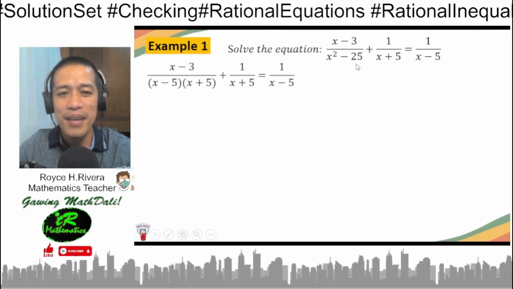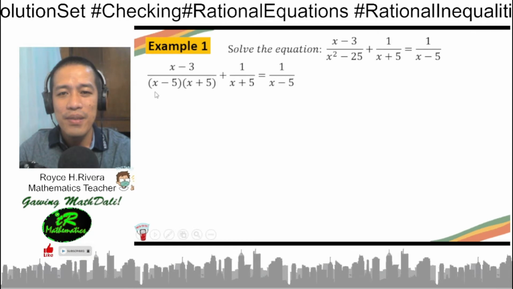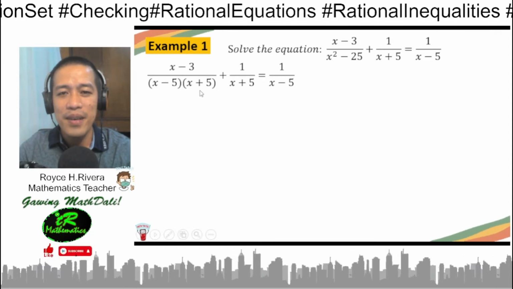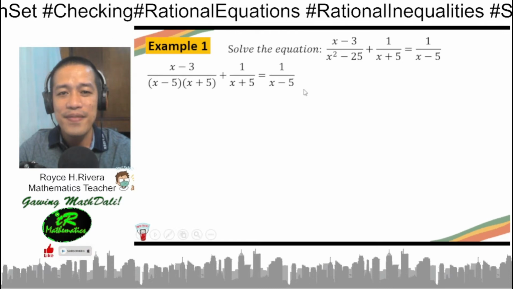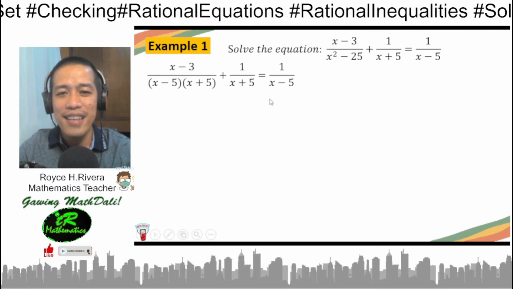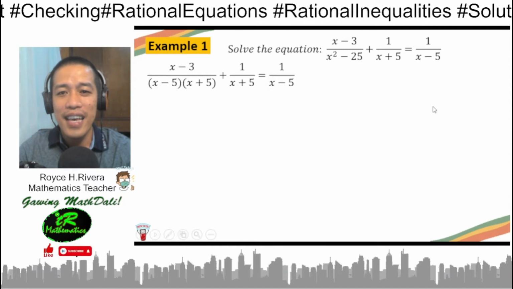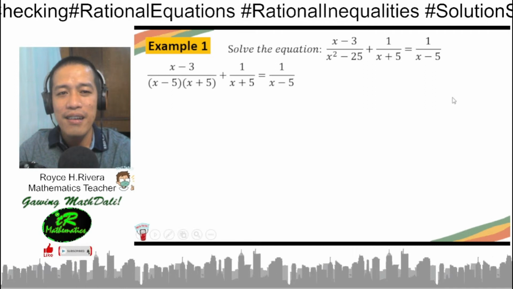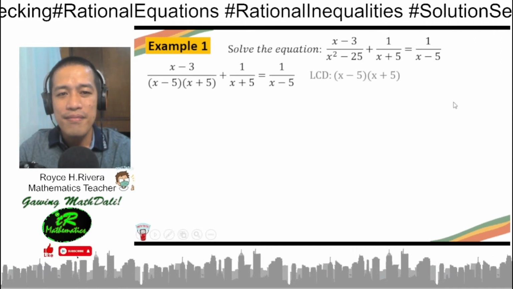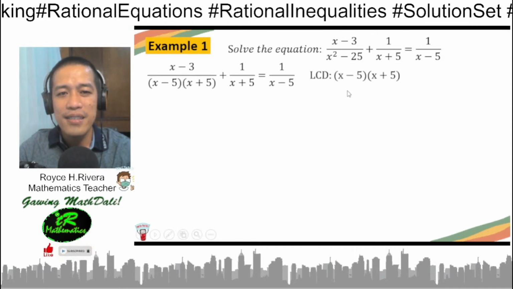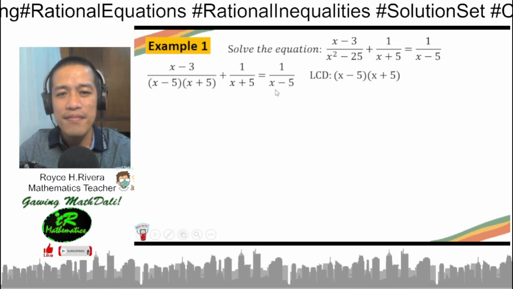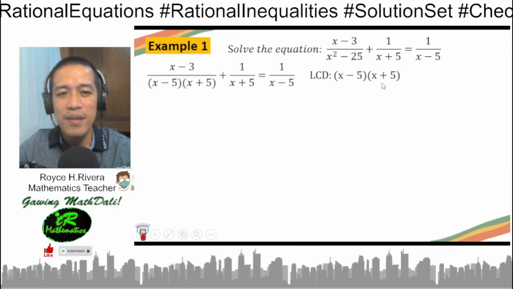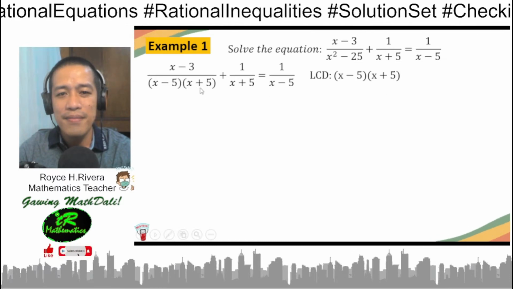Factoring x squared minus 25, we will have the quantity x minus 5 times the quantity x plus 5. Ngayon, mas kita na natin kung ano ang LCD. So, the LCD will be the product of x minus 5 times the quantity x plus 5.